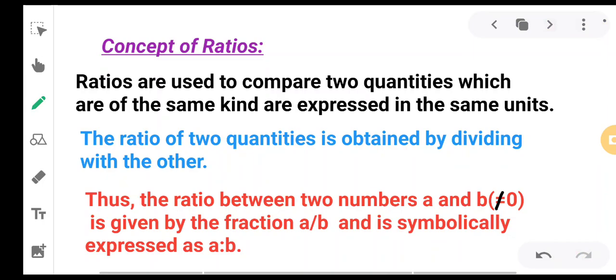Thus, the ratio between two numbers A and B, B not equal to 0, is given by the fraction A upon B and is symbolically expressed as A ratio B. So, this is the basic concept which you already know.